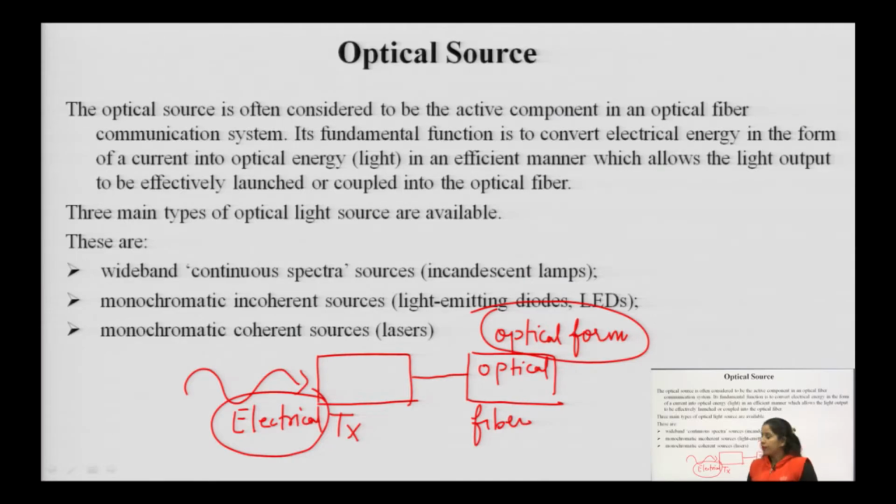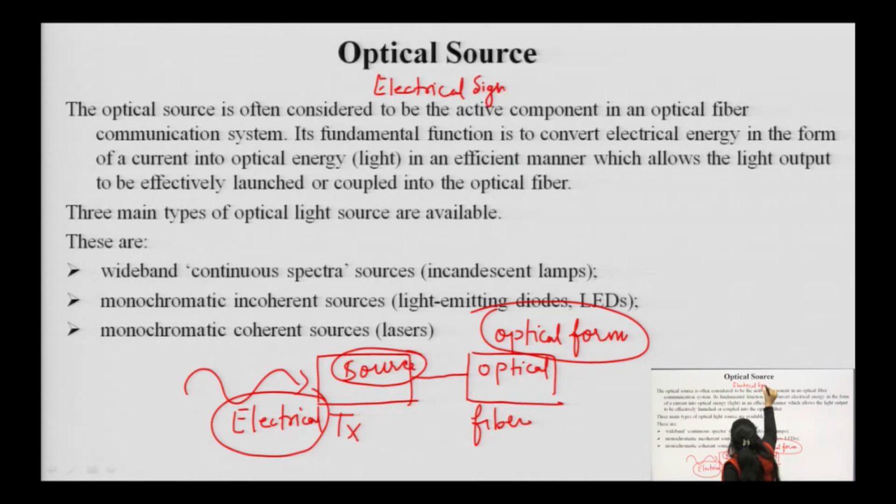We have to include something in between these two to convert the electrical signal into the optical signal, and that part is included in the transmitter part of the optical communication system, and that is our optical source. So, the prime function of any optical source is to convert the electrical signal into optical signal.